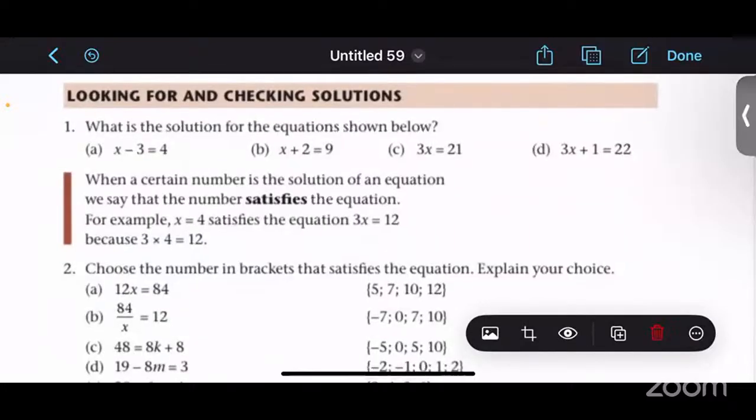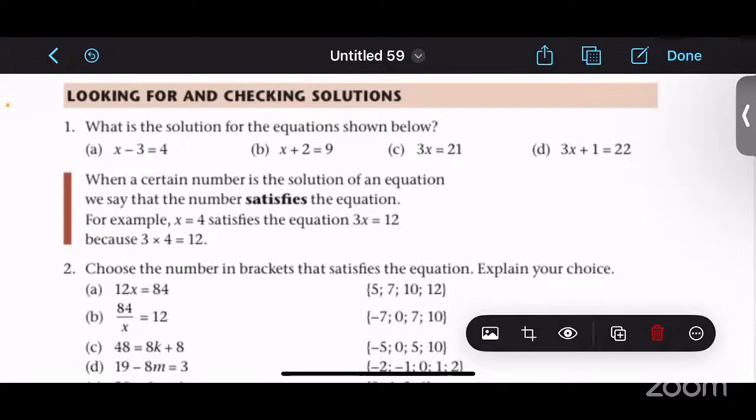Thank you. So what I want us to do for today is just to look at this exercise slash revision questions over here. Okay. And the first one says, what is the solution for the equations shown below?